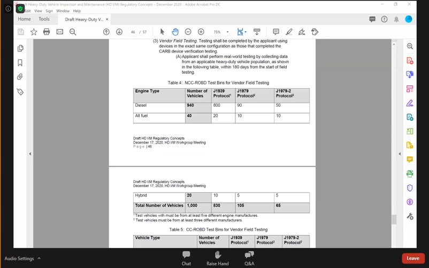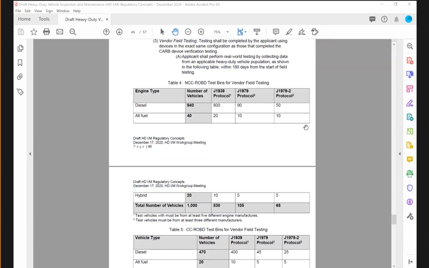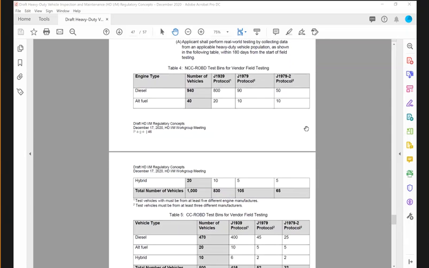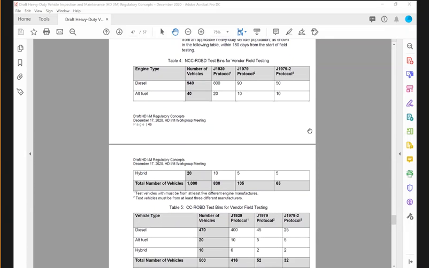Yeah, and going along that line, footnote 1 in that table, it's the same for the table above, but in particular on this one, the test vehicles must be from at least 3 different engine manufacturers. If an OEM doesn't have 3 different engine manufacturers, then obviously they could not comply with it as stated there.